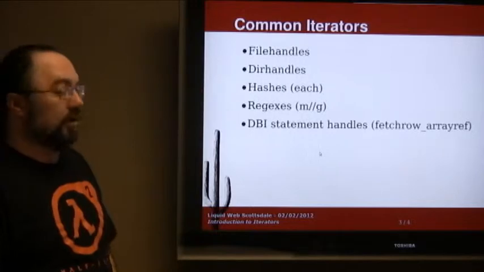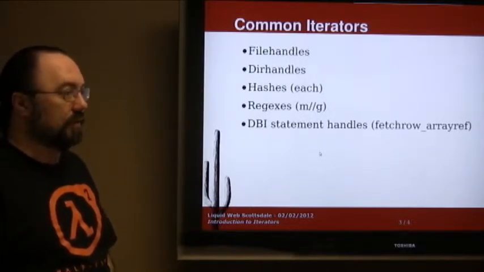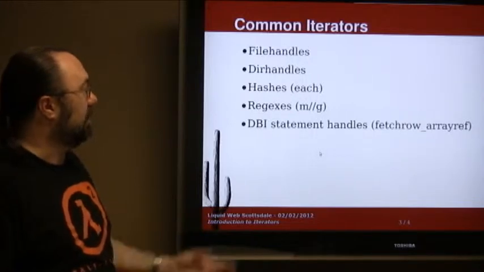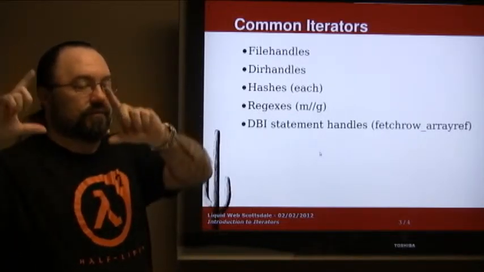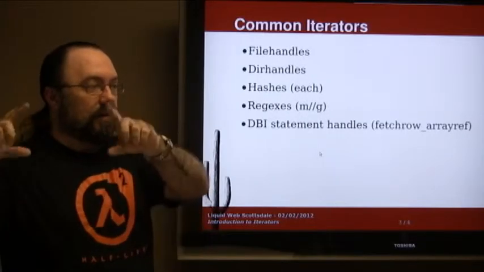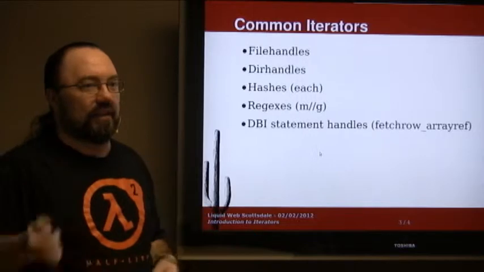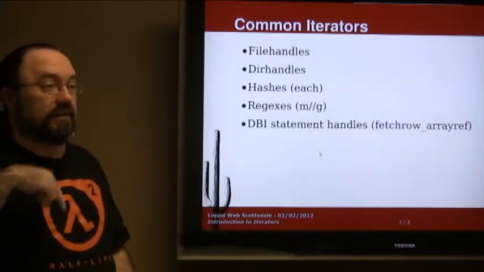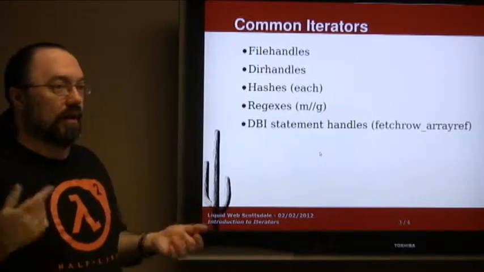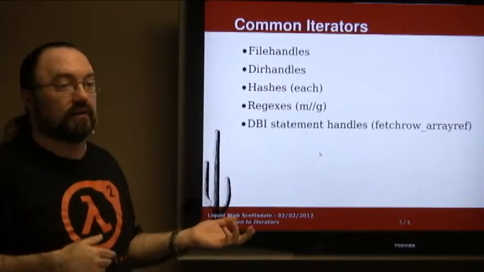Okay, here are some common iterators which you probably use all the time in Perl and maybe don't think about a lot. File handle. What happens if you use a file handle in angle brackets in a while loop? It just gives you one line at a time as you're going through it. That's if it's in scalar context. If it's in array context or list context, it's going to give them all at once.